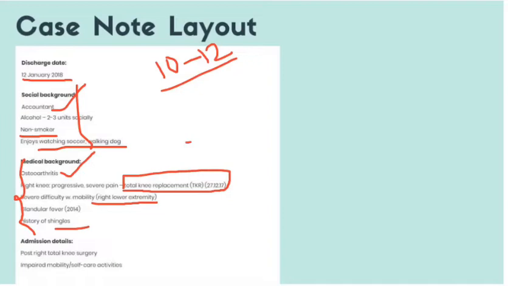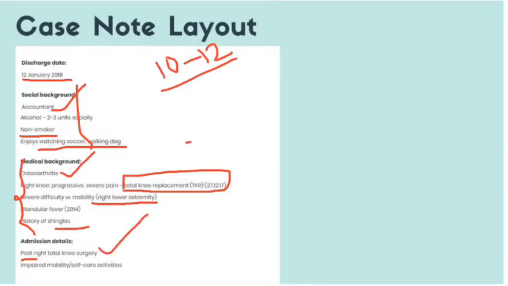Most probably such histories come before the admission, before the patient was admitted to the hospital. And after admission of the patient to the hospital, some details are provided. These are the admission details. Here, some details like the patient has undergone a right total knee surgery.